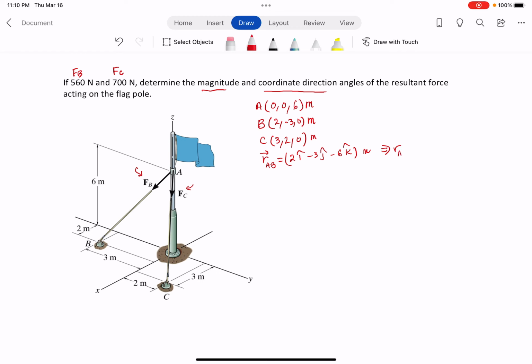The magnitude RAB is the square root of 2 squared plus 3 squared plus 6 squared. 36 plus 9 plus 4 is 49, the square root is 7. 7 meters.